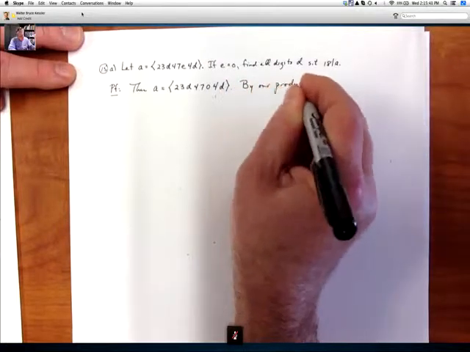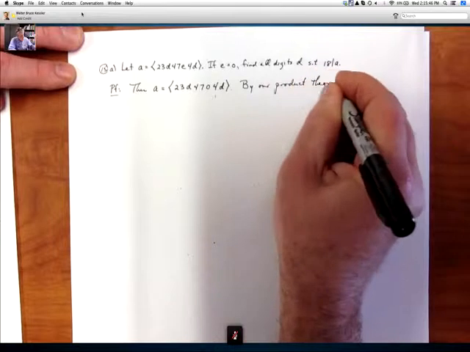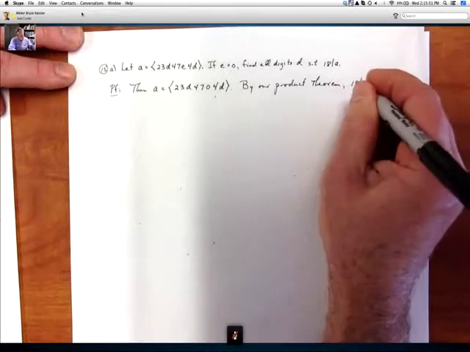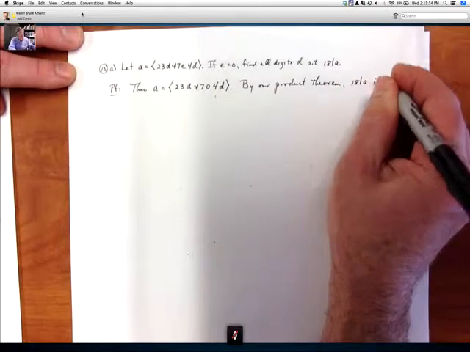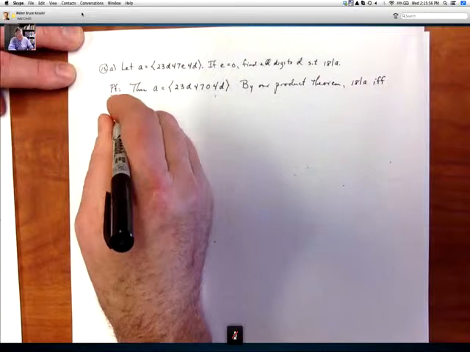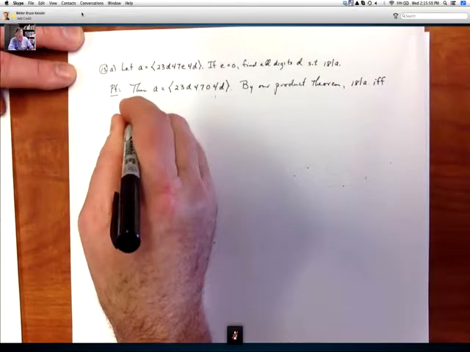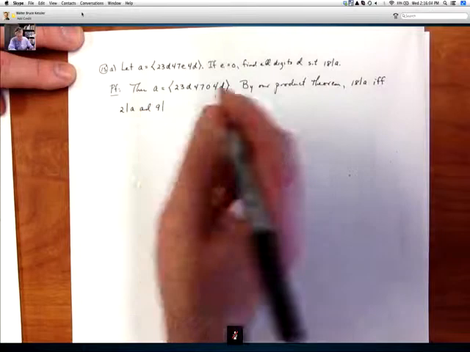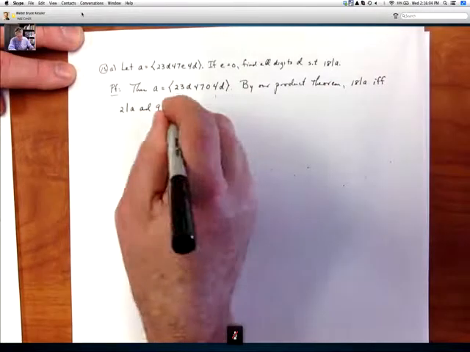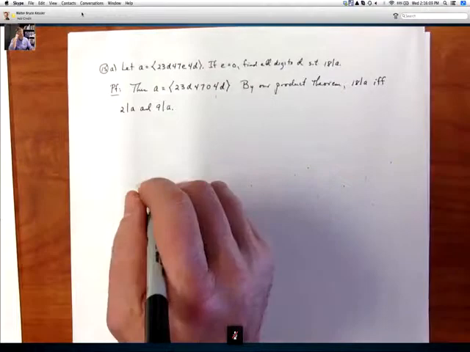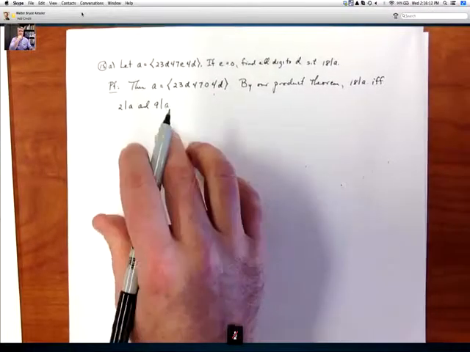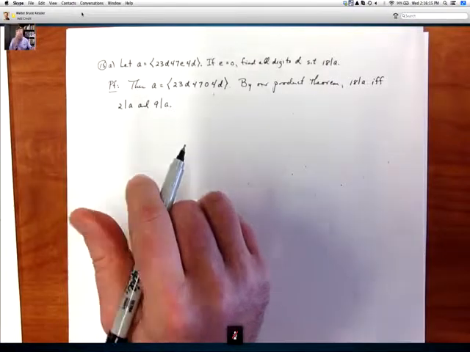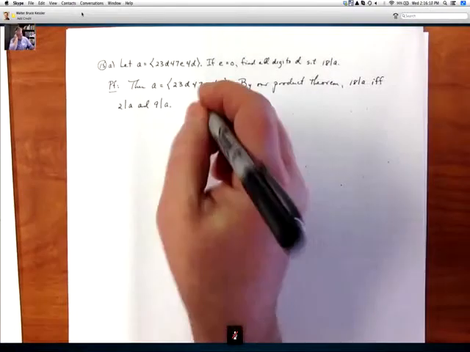By our product theorem, we know that 18 will divide A if and only if 2 divides A, and 9 divides A. All right? And there's more to say there, but I'm comfortable with that, since 2 times 9 is 18, and 2 and 9 are relatively prime. Okay.